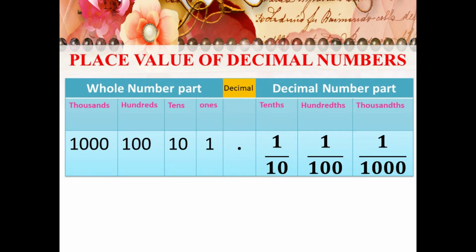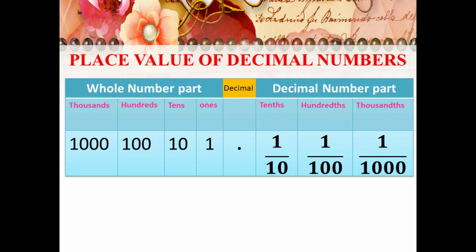Next, the place value of decimal numbers. The decimal number has two parts. Left side of the point, whole number part. Right side of the point, decimal number part. The place value of whole number part is ones, tens, hundreds, thousands.